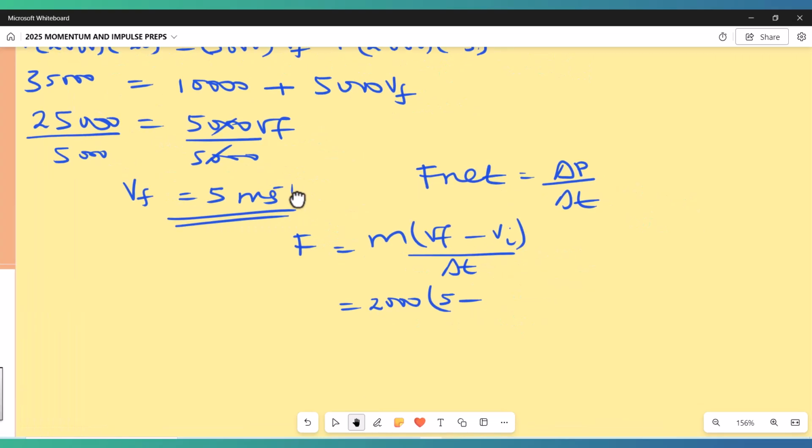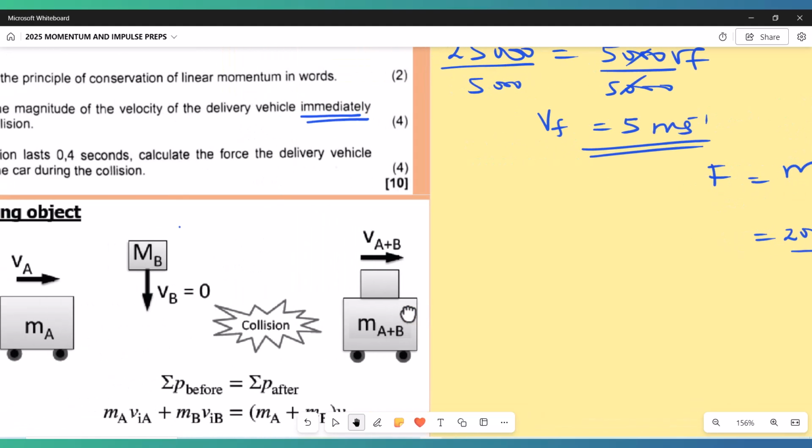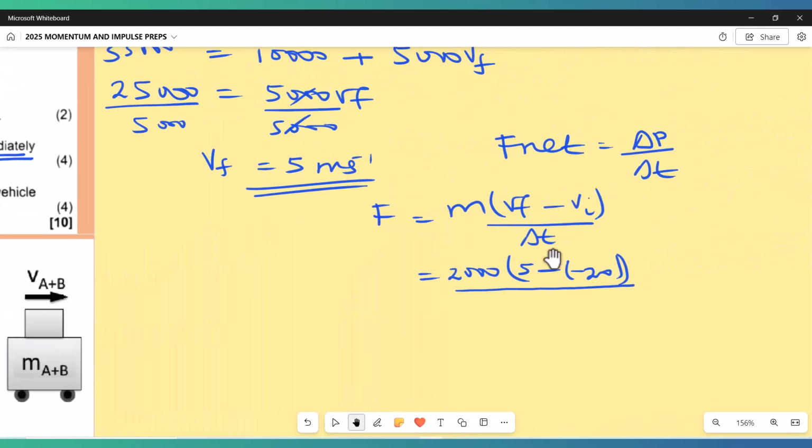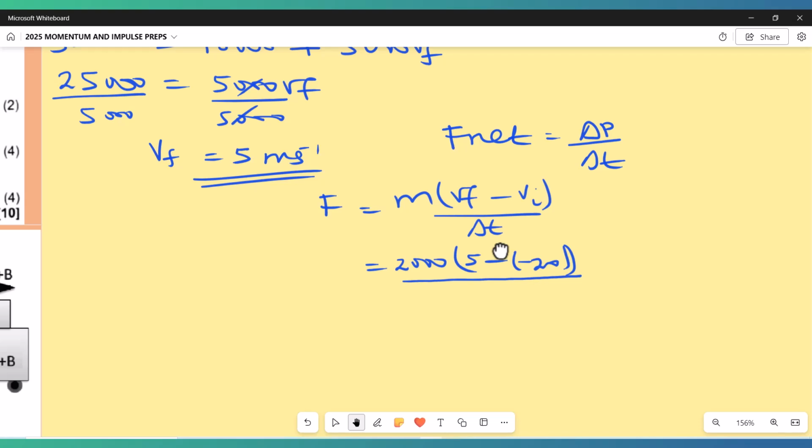So minus 20 here, divided by change in time. Do we know the change in time? 0.4 seconds.